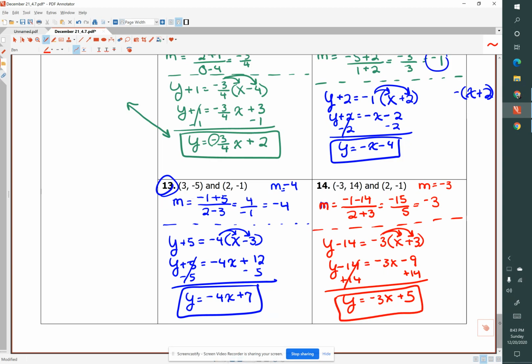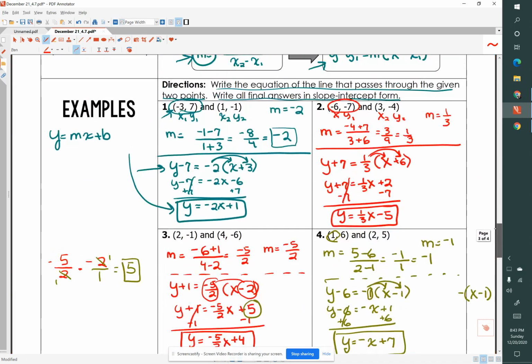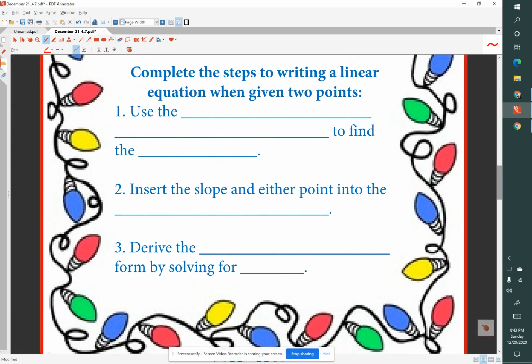So let's go back to our exit ticket. Complete the steps to writing a linear equation when given 2 points. Use the slope formula, and let's write it out there. M equals y2 minus y1 divided by x2 minus x sub 1.